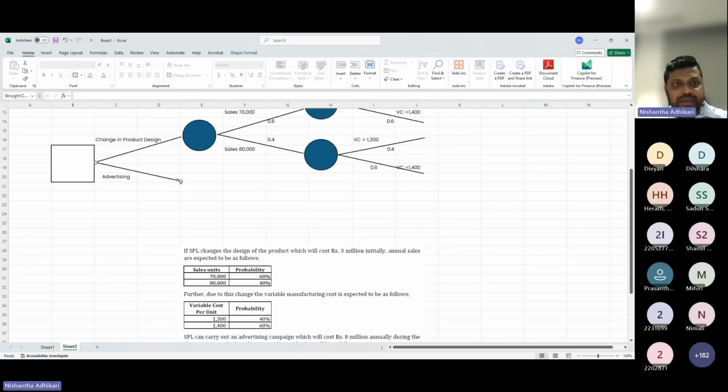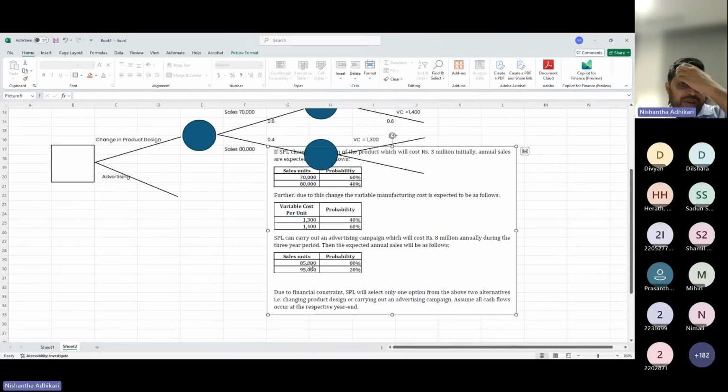Advertising campaign, it says sales can be 85,000, probability of 80%, 95,000, 20%.